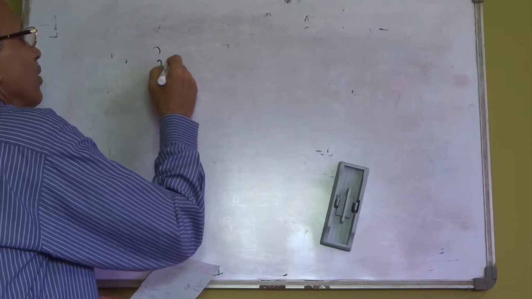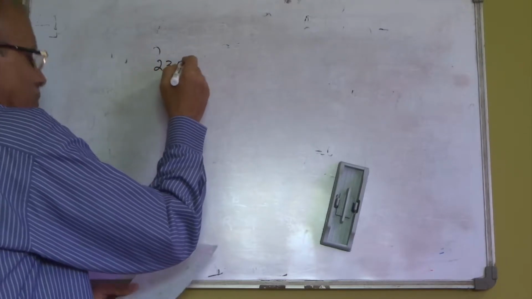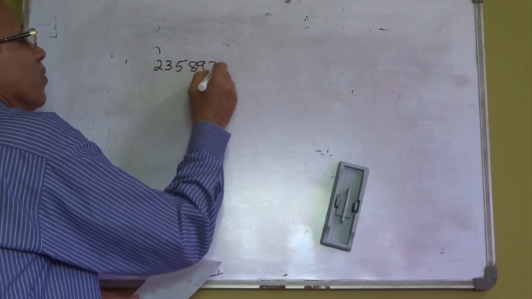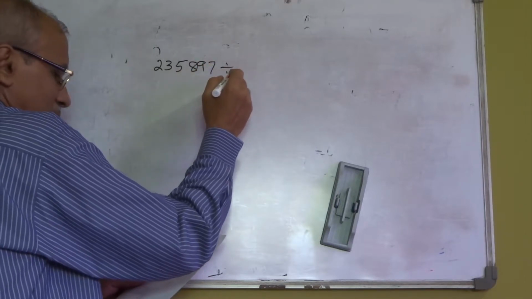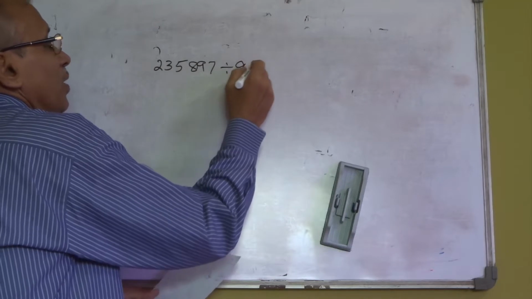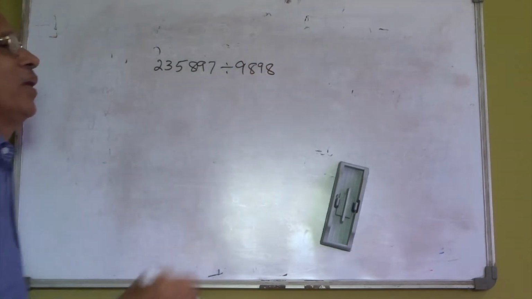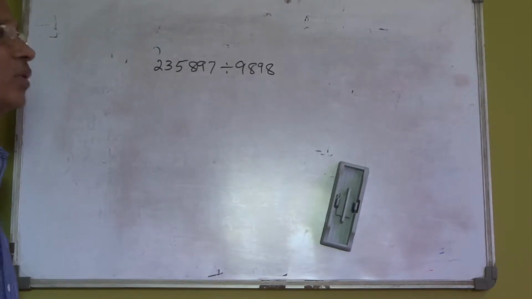Next, 23,597 divided by 9898. 9898 is nearer to 10,000.